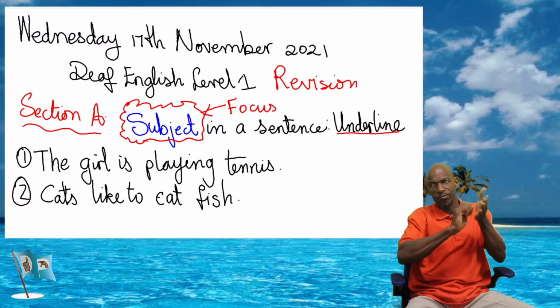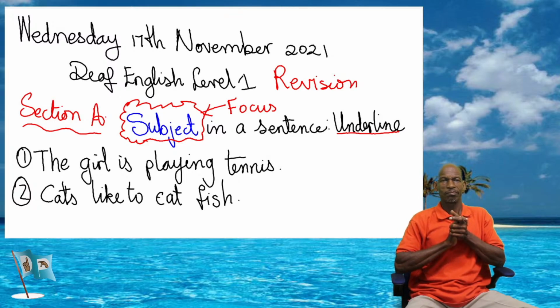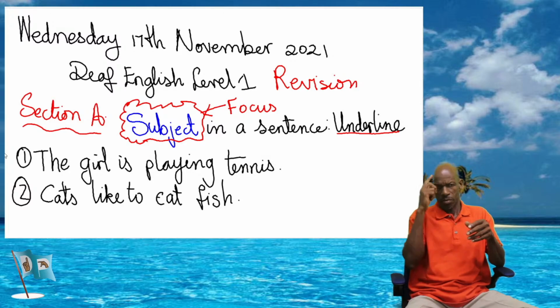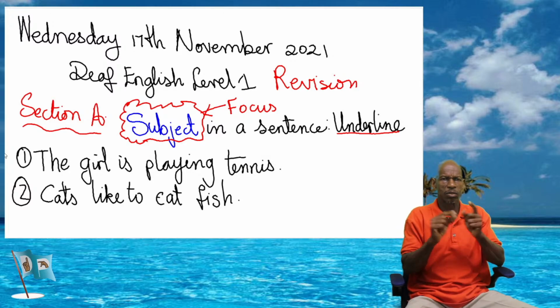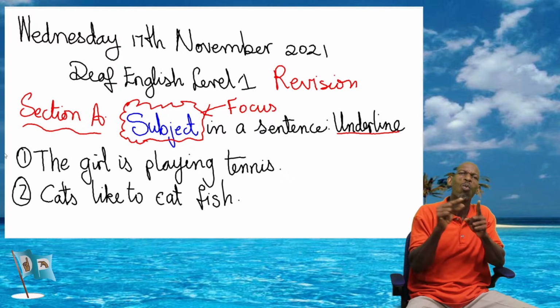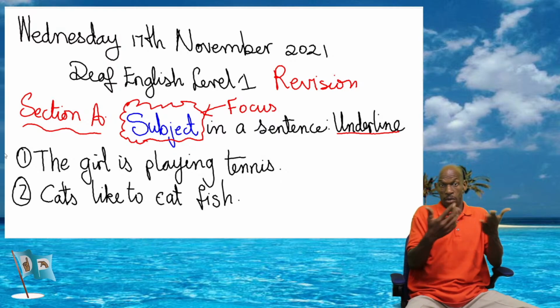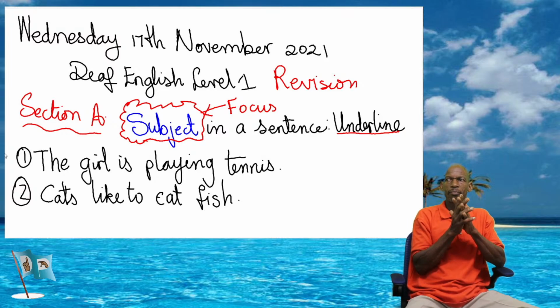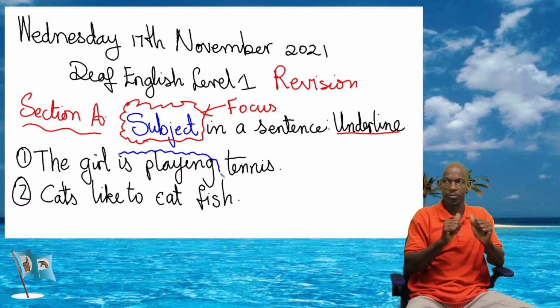But before we do the subject, we are going to identify the verb. The verb in the sentence is an action word. A verb could be an action word, or it could be a telling word to tell us about something, which we did in our previous term. The action word here is playing.